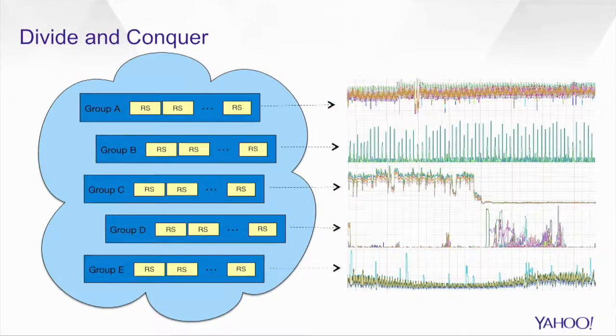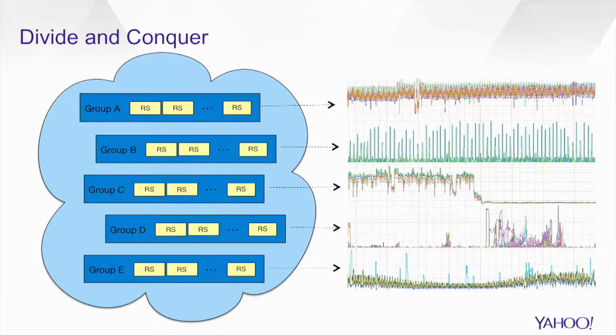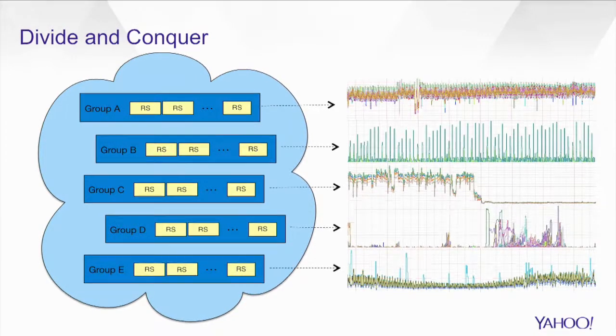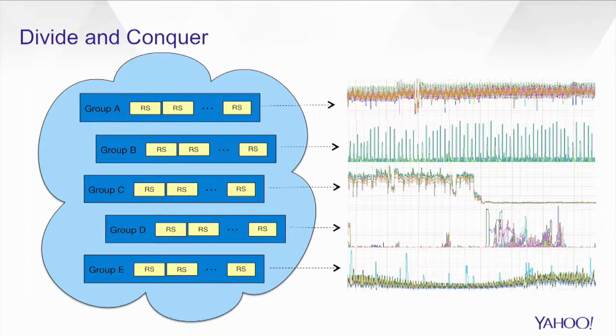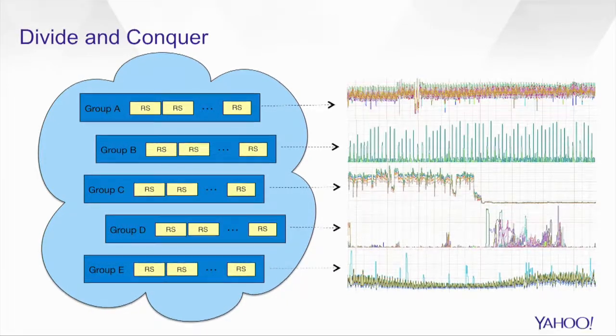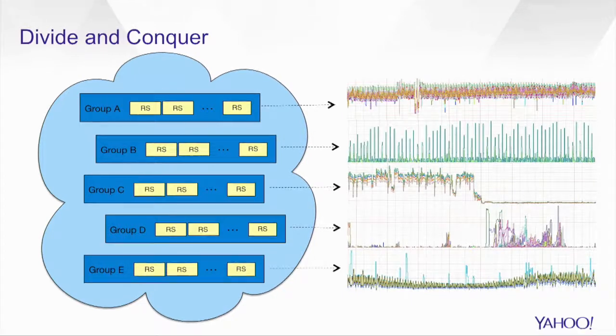Basically, region server group is a divide and conquer strategy. You have this giant cluster, and then you cut up a set of region servers and assign them to groups. Here, on the right side, is the same source of information for the throughput graph as the previous graph, except that I'm only selecting a certain set of region servers, those from the same group.